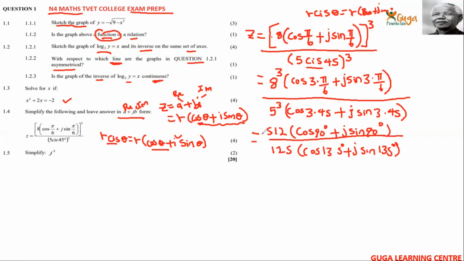So here you can come and divide 512 by 125. You should get 4.096. Yes, and then now, because you are dividing, you've got the denominator and the numerator with different angles but the same function. You subtract the angles, right? You subtract the angles.